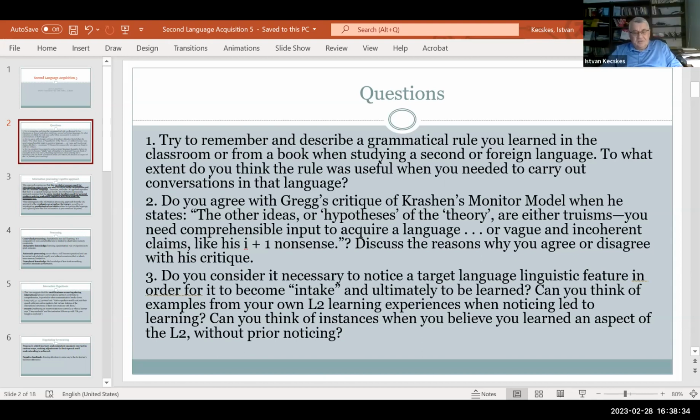And let me ask you whether you had some opportunity to learn a particular rule in your home country when you studied English, and then you came to America and you realized that there is no rule like that, so people don't use the language that way. Can you give me an example like that?